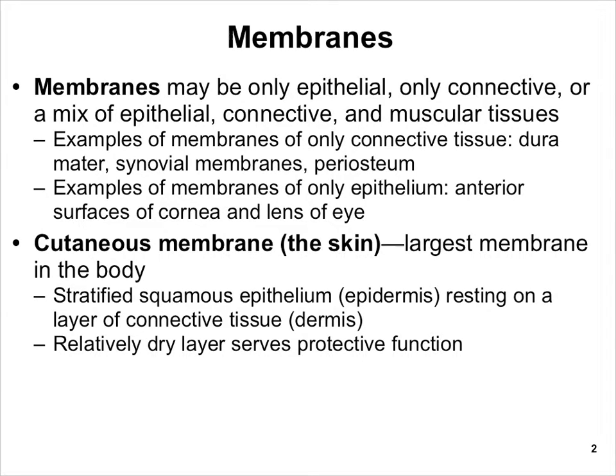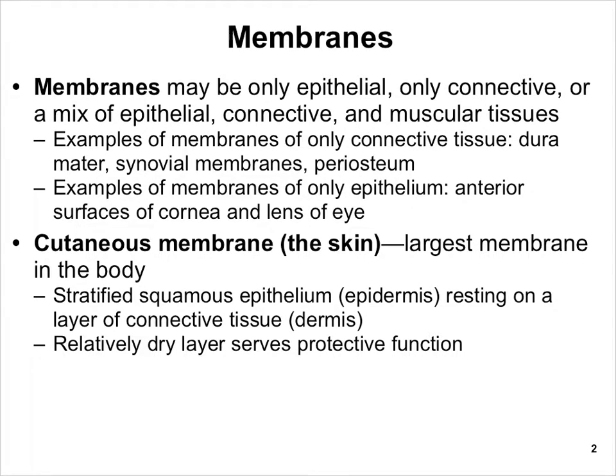As you might guess, epithelial only are membranes that are made only of epithelial tissue. Connective only are made only of connective tissue. Mixed membranes are made of a mixture of epithelial and connective and sometimes muscular tissue, and usually smooth muscular tissue.